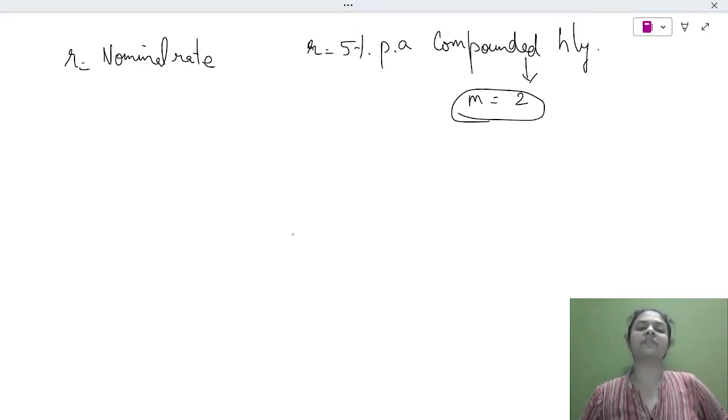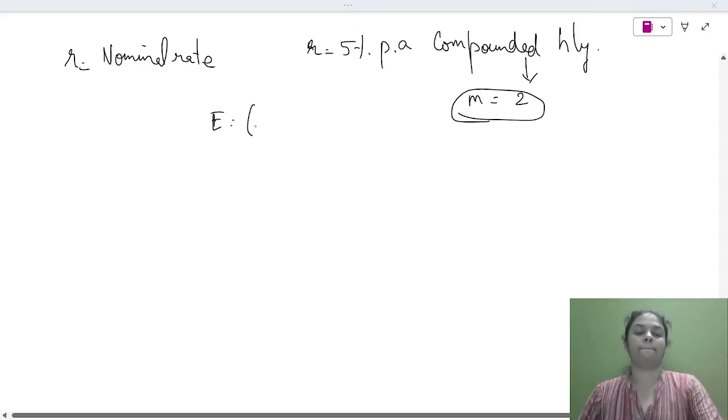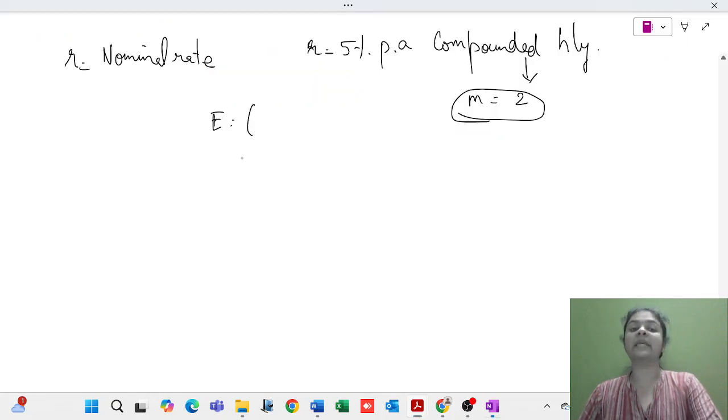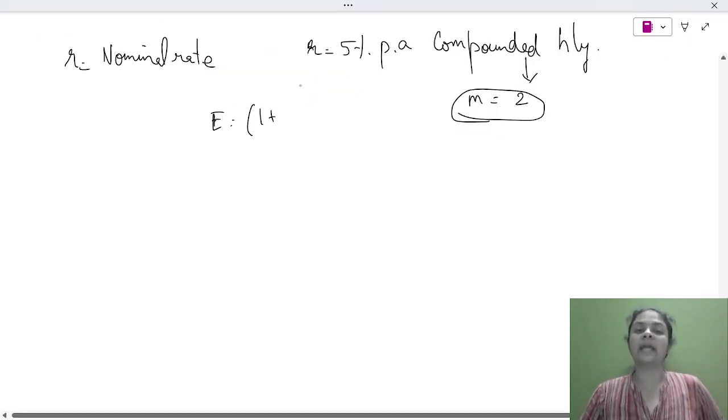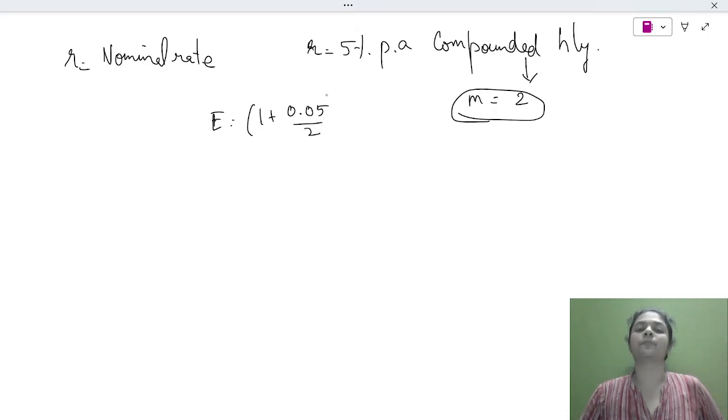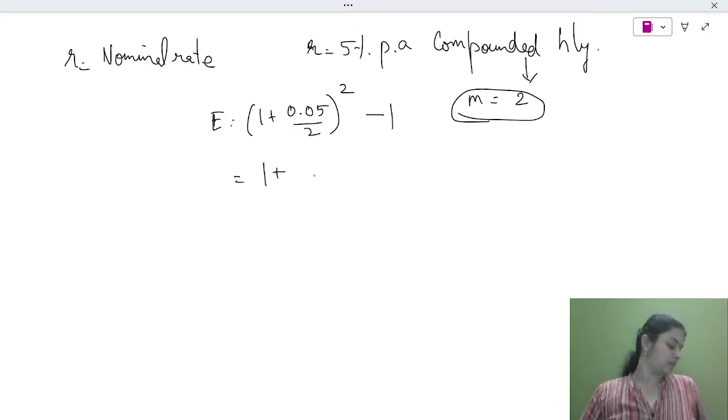So effective rate of interest will be E is equal to 1 plus I by m. So 1 plus I, that is R by 100, 0.05 by 2. The whole power 2 minus 1. 1 plus, simplify, 0.025.